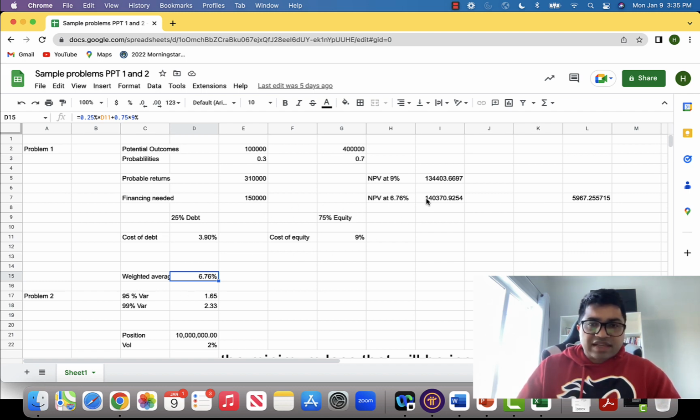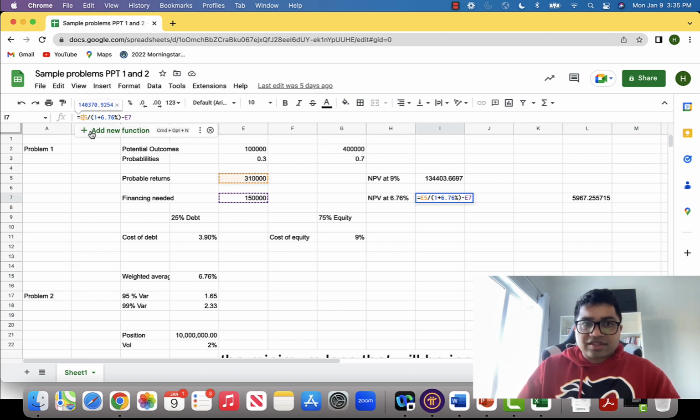So if you calculate NPV at 6.76%, you get a higher number. How did I do that? It is 310,000. Now you have to discount it by 6.76%, so divided by 1 plus 6.76%, minus the financing needed, 150.